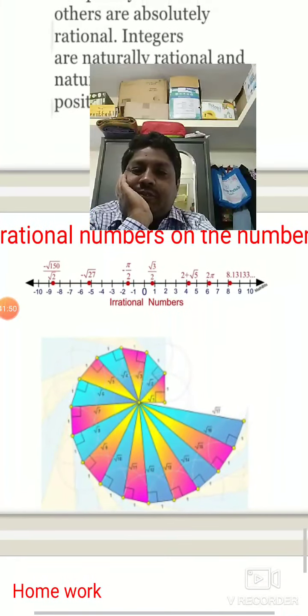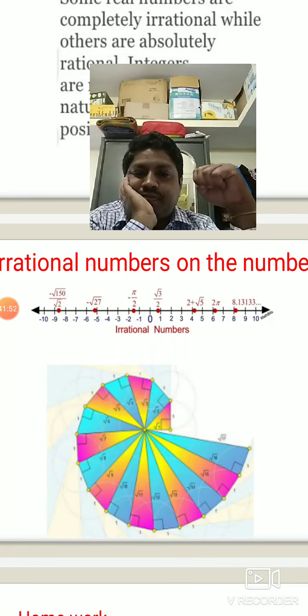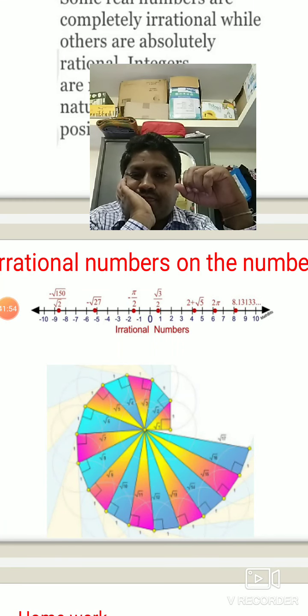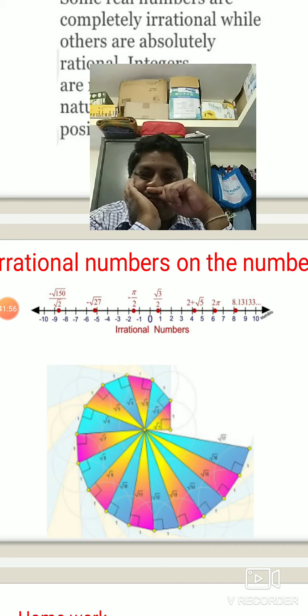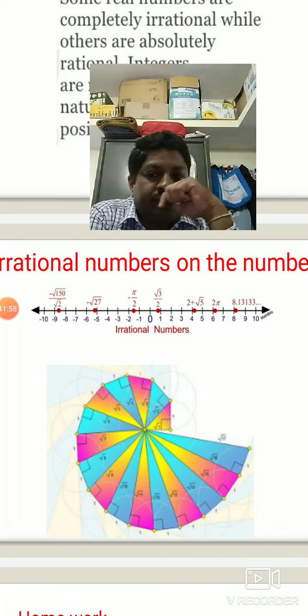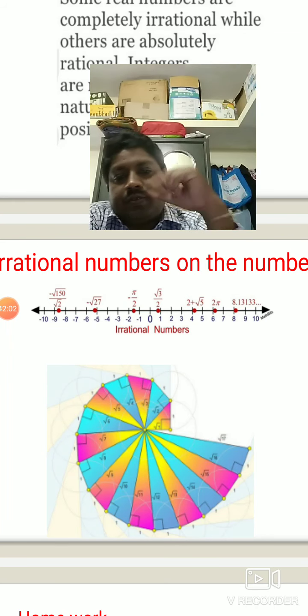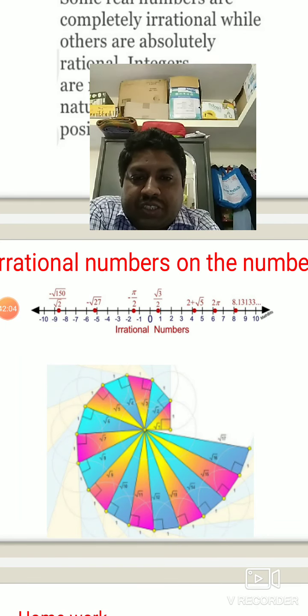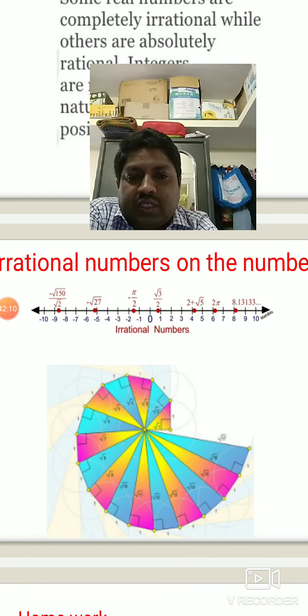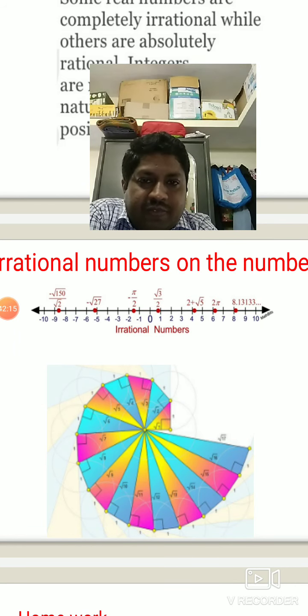Observe this. Okay, so here you can see how to represent irrational numbers on the number line. Number line means you have numbers 0, 1, 3 etc. So it's a square root and a diagonal of a square.